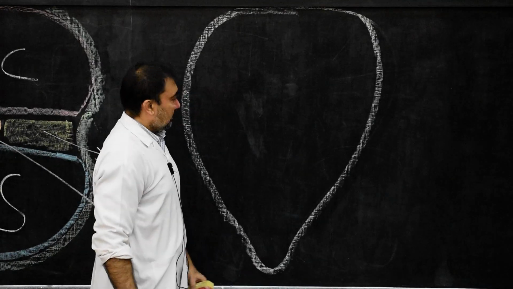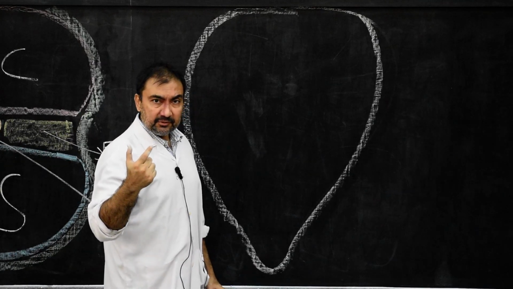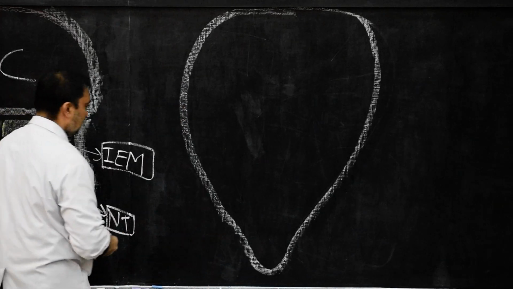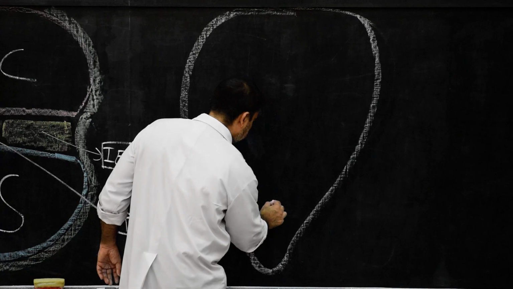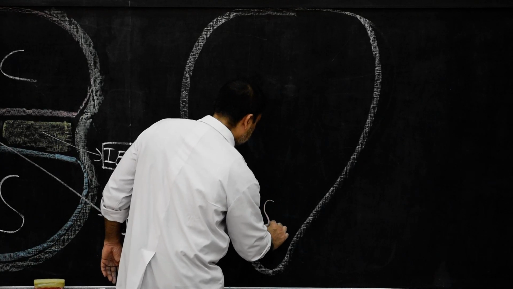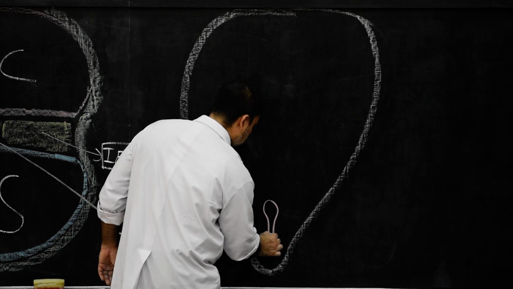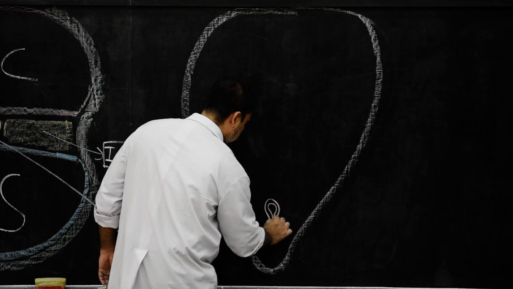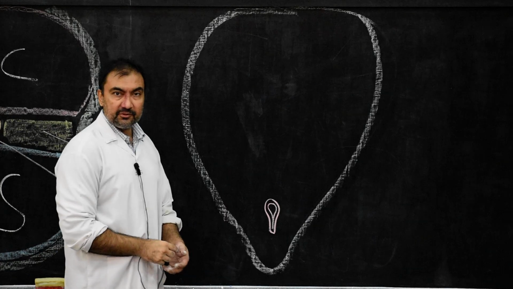So here, now what are things which we have seen, which we have developed? The first structure which we have seen here will be, if I draw over here, this was the primitive streak. If you recollect this structure, this was primitive streak.